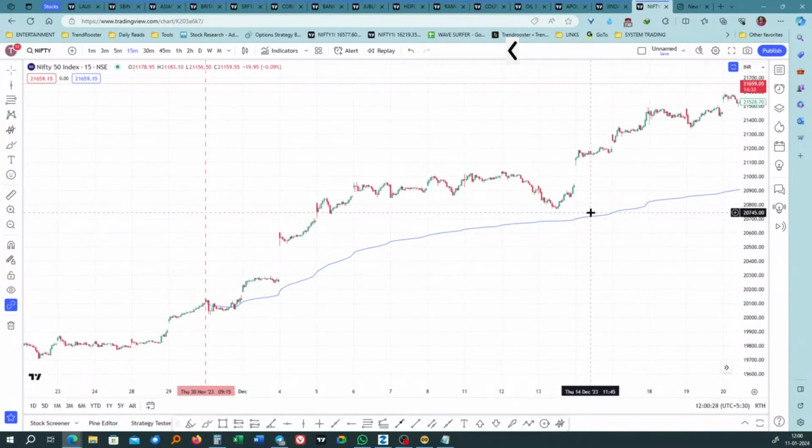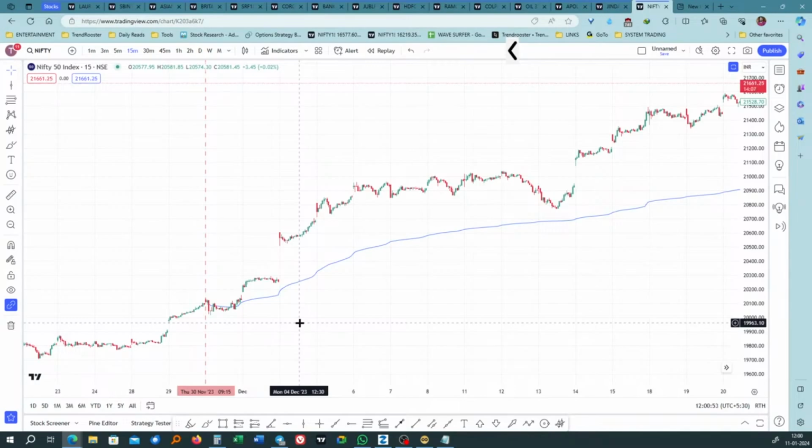Is this simple or complicated? Does it make sense? Theoretically and practically, it does make sense, because we are looking at the market's average traded price, which is the volume weighted price, and we are just placing a VWAP. Above it, the market bias is up; below the VWAP, the market bias is bearish. That's it. It's as simple as that.